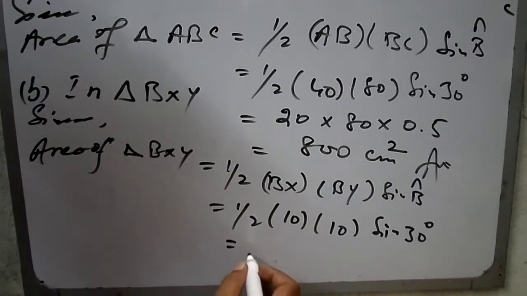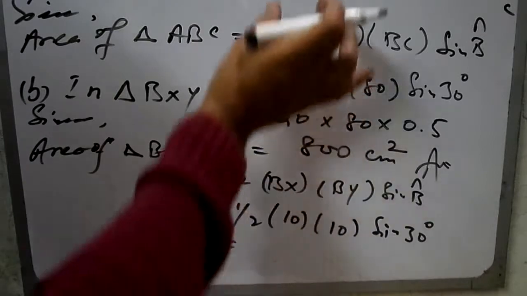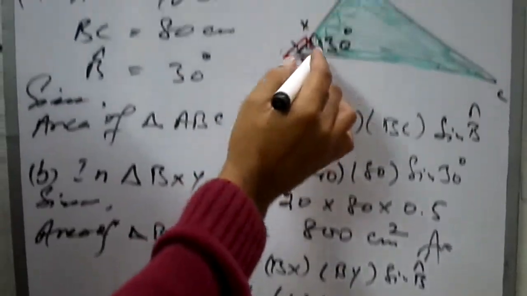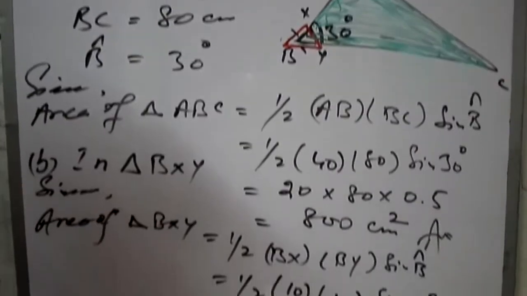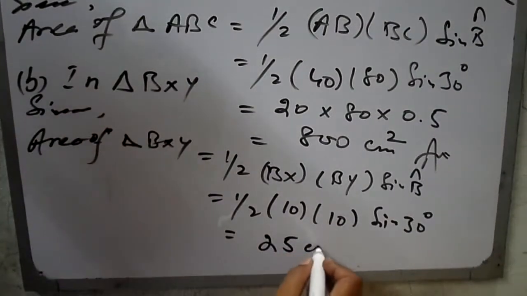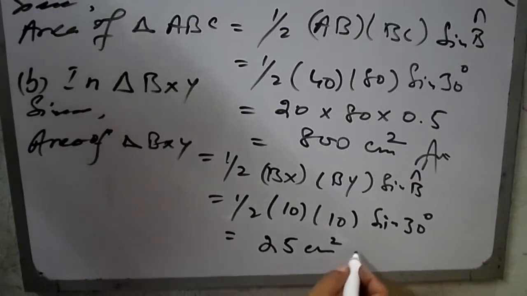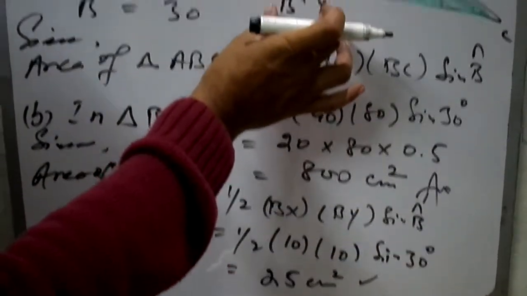So after simplification, because it's a small triangle having equal sides, you will get 25 centimeters square. So that is the area of the small triangle.